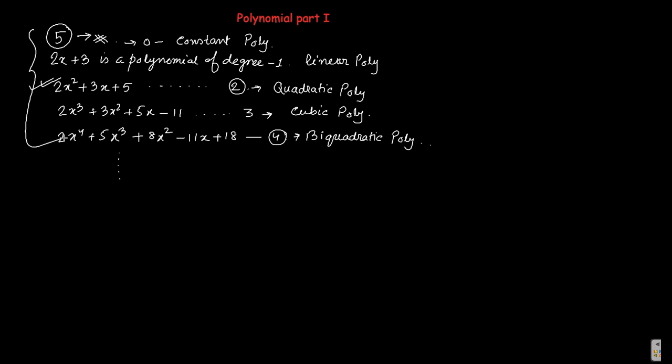So these are simple examples of polynomials of different degrees. Now another important thing is the value of a polynomial, that is, what the value of the polynomial will be depending upon what factor.